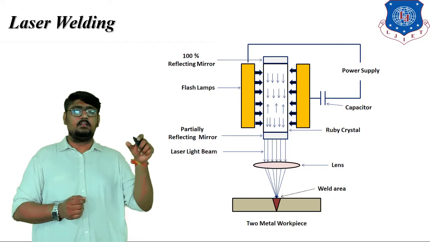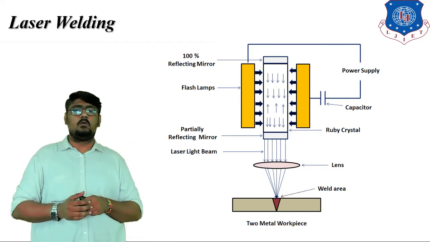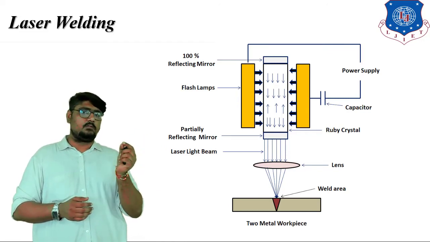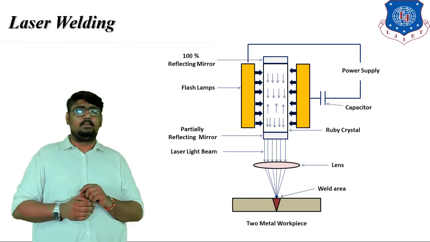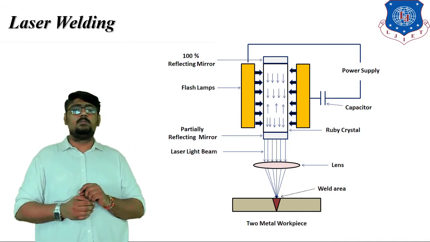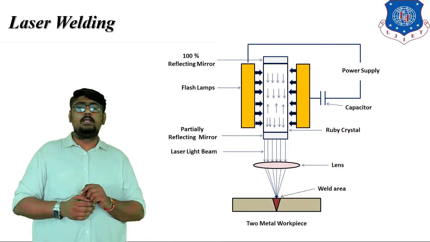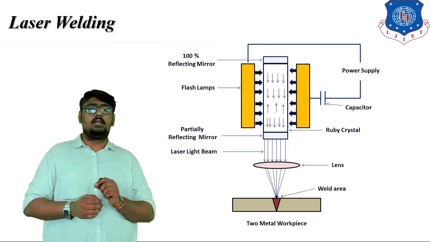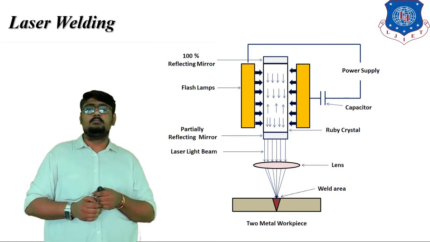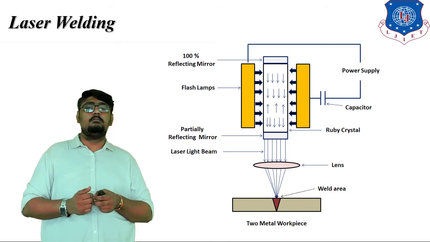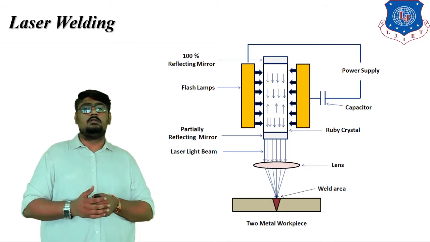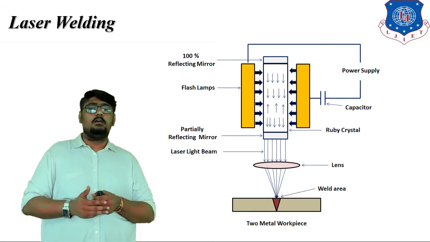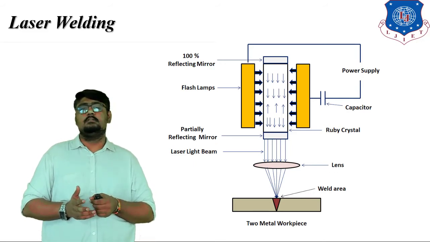As you can see in the figure, the beam is focusing on a small area, so there the spot will get melted. The heat produced by this beam is so intense that the impurities in the material such as oxides float upon the surface, and upon cooling the material becomes a homogeneous solid structure, which makes a strong joint.